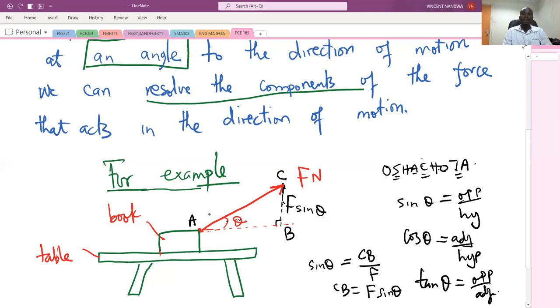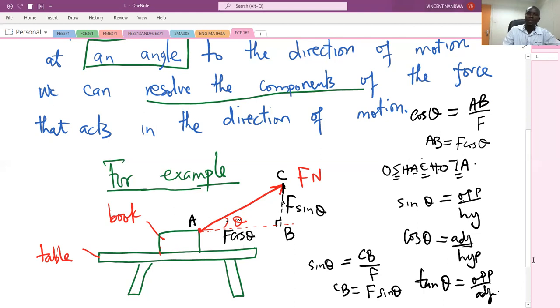And then AB, you use cosine. So cosine of the angle theta is adjacent, which is AB, over hypotenuse. Hypotenuse is the magnitude of the force, which is F newtons. So that means that AB will be F cosine of theta.